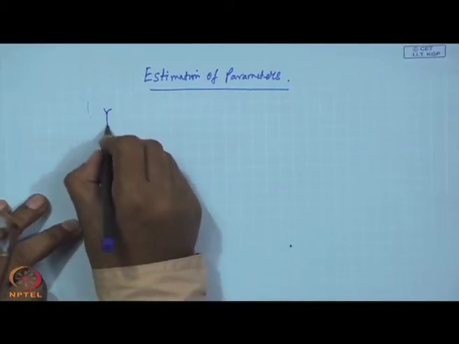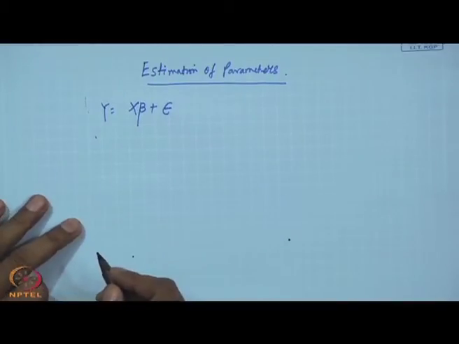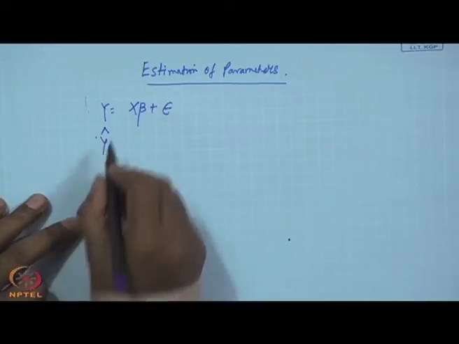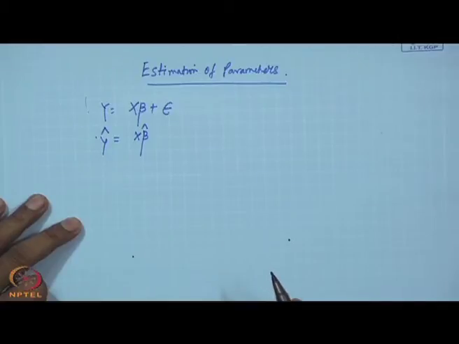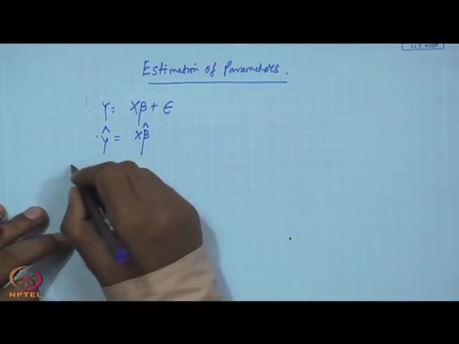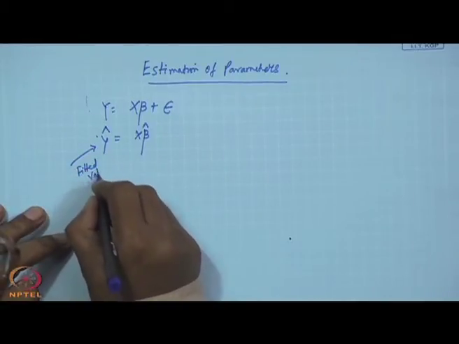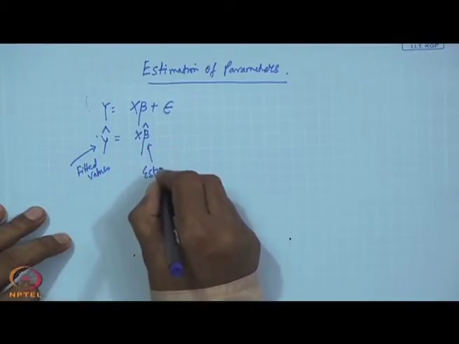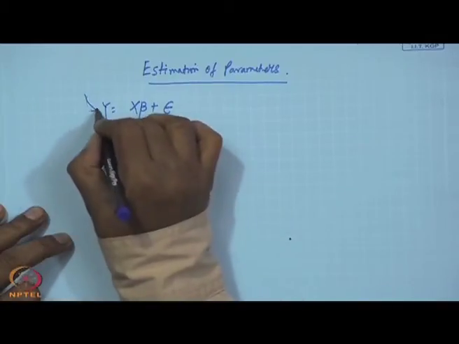So, our equation is y equals x beta plus epsilon, and if we estimate, we say y cap equals x beta cap. Okay. This is our fitted values. This is the estimated parameter, estimated beta. These are observed values.